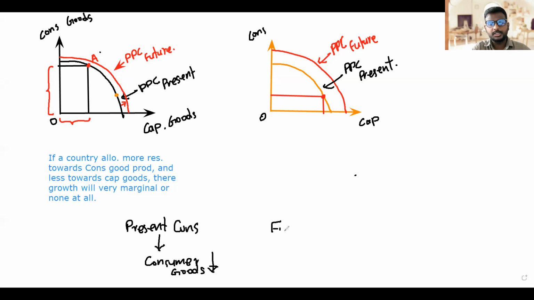And whenever you see the phrase future consumption, it refers to investment of resources in production of capital goods. So that relationship you also need to understand, the present consumption and future consumption part. So if you cut back on present consumption, the growth potential will be very high. If you don't, it will be very low. Clear?